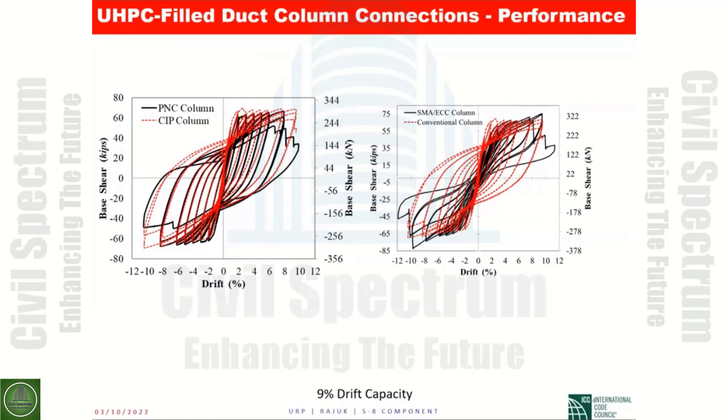The black curve shows a column where we use UHPC for the connection to the footing in the grouted ducts. But in the plastic hinge, we use that shape memory alloy super elastic material and ECC. And you notice the black curve, the return curve always goes through the origin or near the origin. That means it has very low residual displacement, even though it undergoes large displacement.